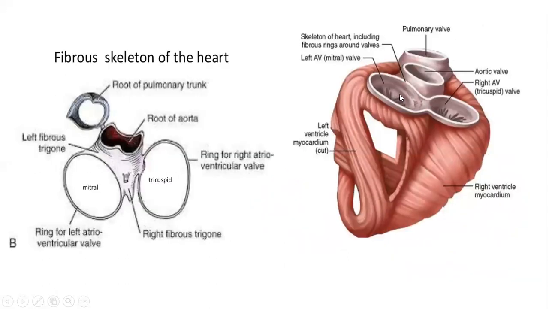Again, this diagram is showing you the attachment of the whorls and spirals of the muscle of the heart, as well as bases of the mitral and tricuspid valves, aortic and the pulmonary valves being attached to the fibrous skeleton, which is in the form of the figure number 8.